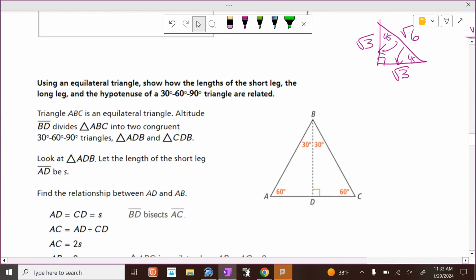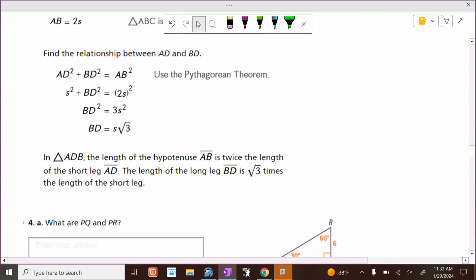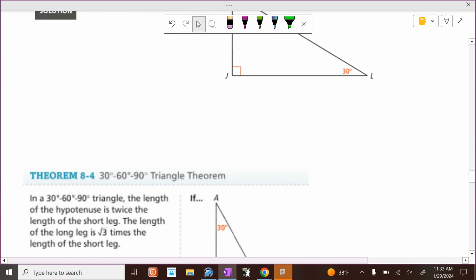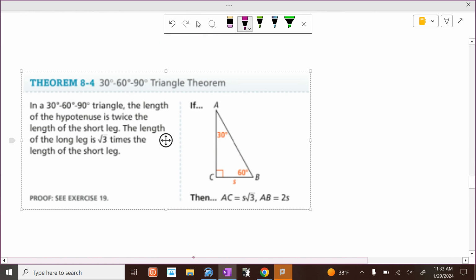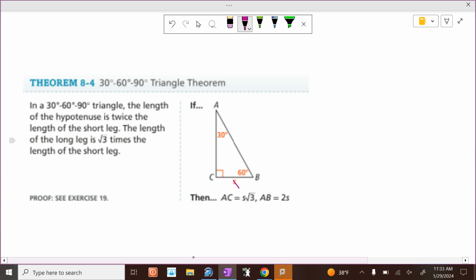All right, 30, 60, 90 triangles. On a 30, 60, 90 triangle, once you know the short side, and again, I like to make it x, you multiply by square root of 3 to get to the long leg. Not the longest side, but the long leg.